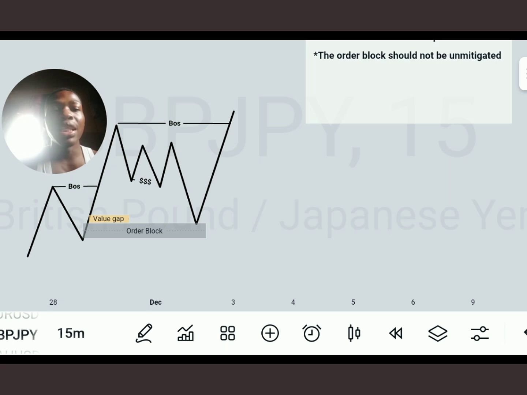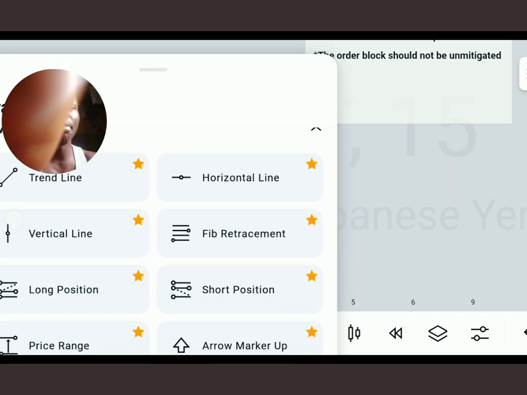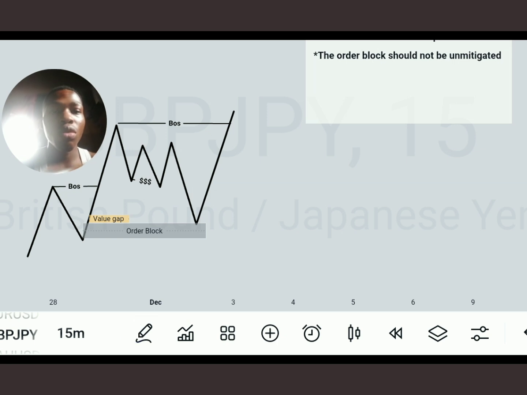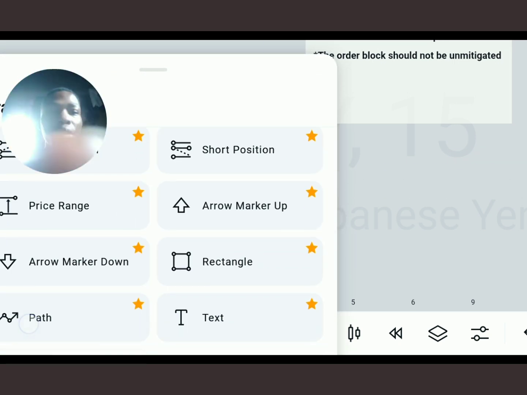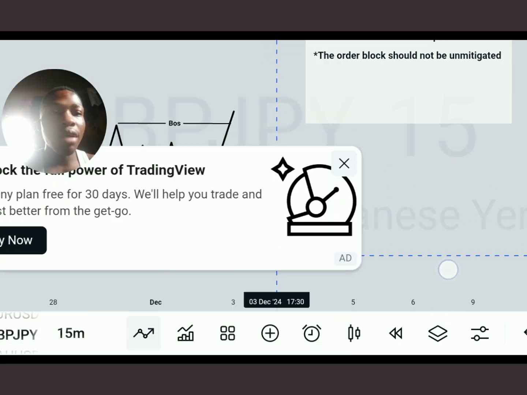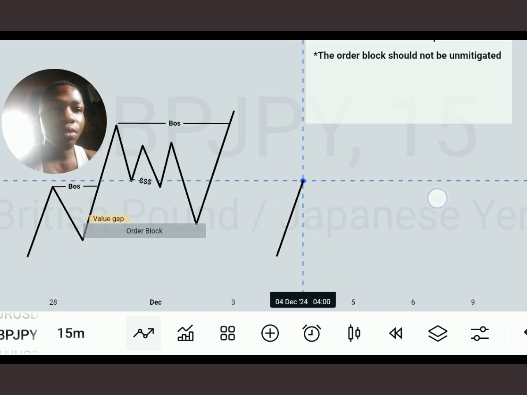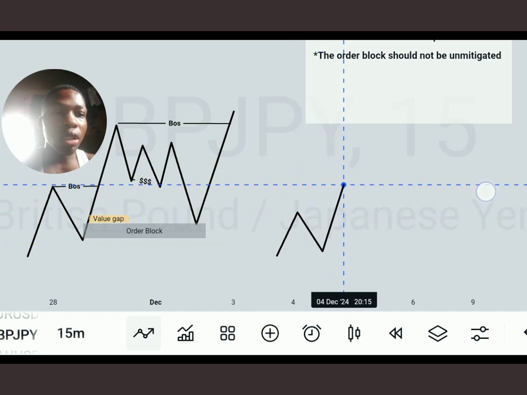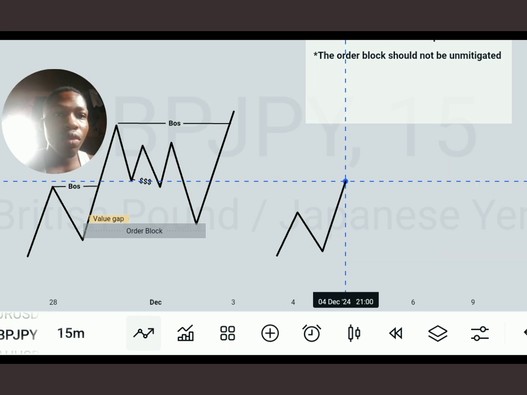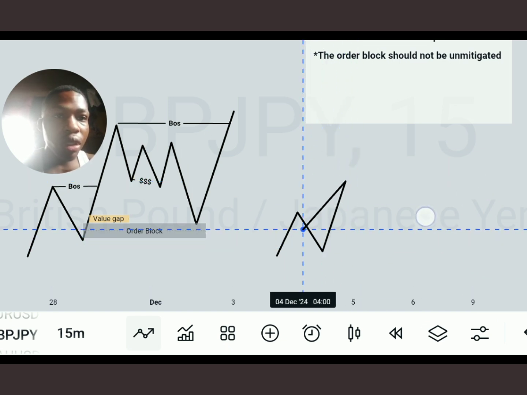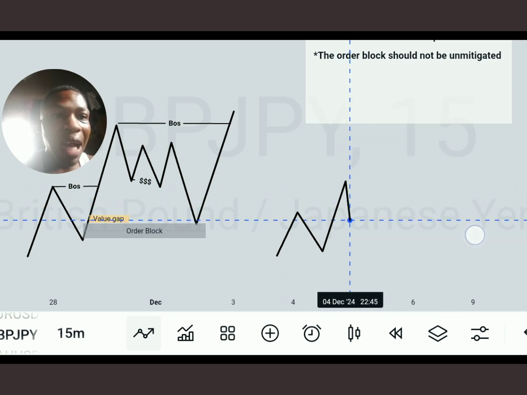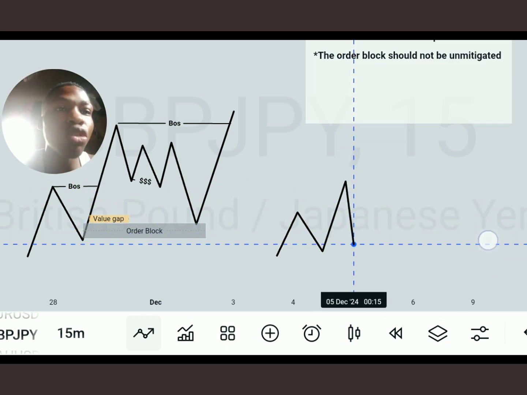The order block should not be mitigated. See what I mean. You have something like this, a break of structure, and the next move came and touched the order block before going up.